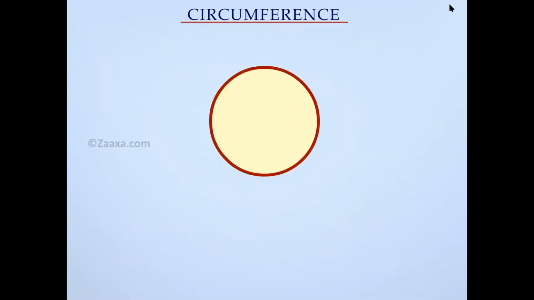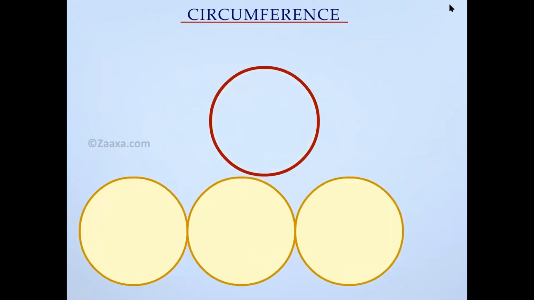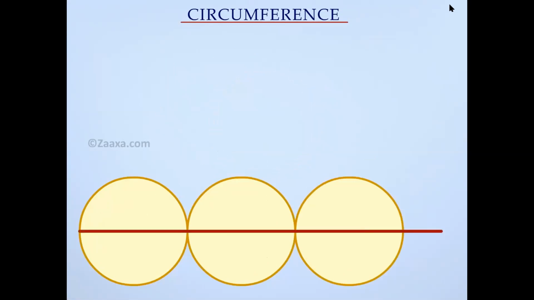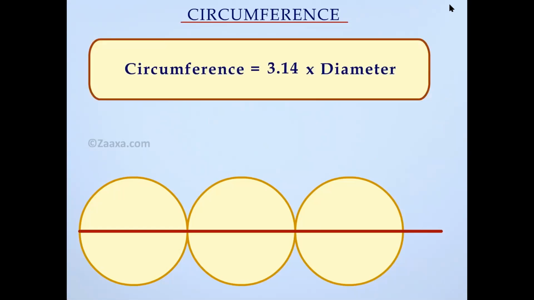The perimeter of a circle is called its circumference. If you measure the length of the circumference of any circle and compare it with the diameter of the same circle, you will notice that it is about 3.14 times its respective diameter. This constant value is denoted by pi.